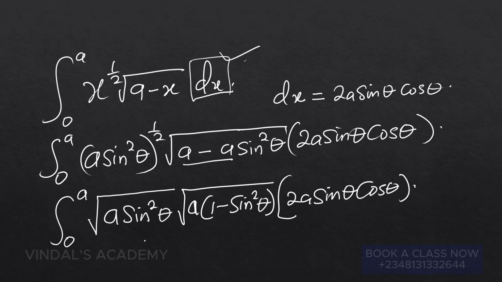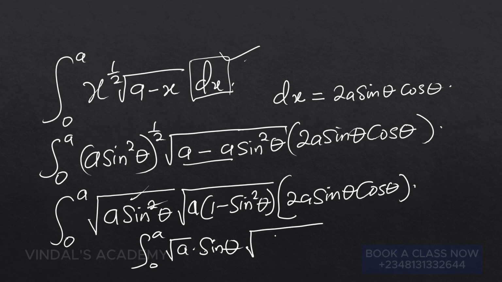If you are with a pen, you have to copy this down, but let's keep going. This is going to be square root of a multiplied by sine theta. The roots cancel the squares, but the a cannot cancel, so that is why the square root of a is retained. The squares have cancelled themselves, and we have only sine theta.